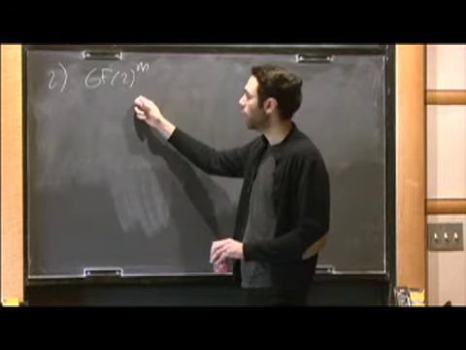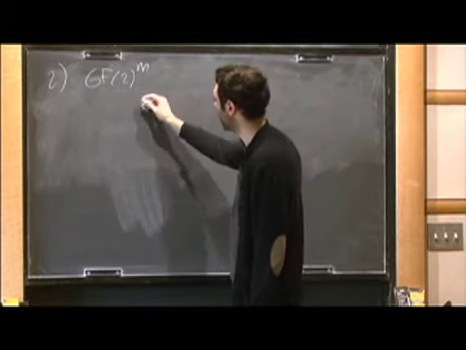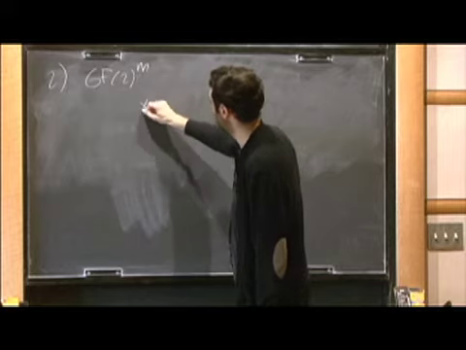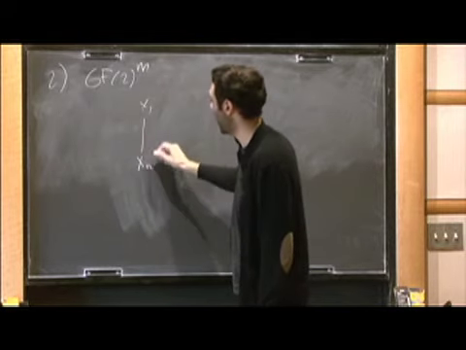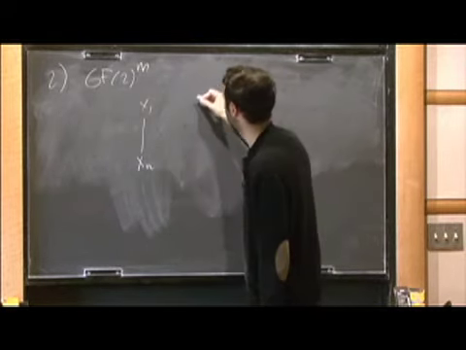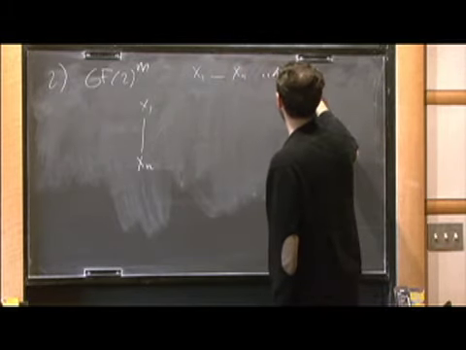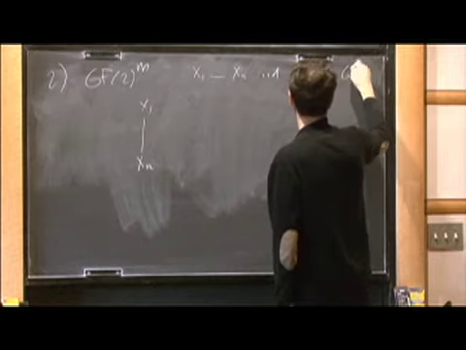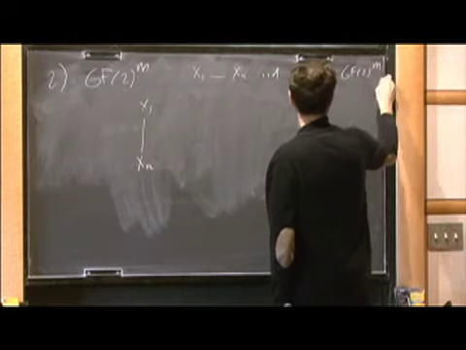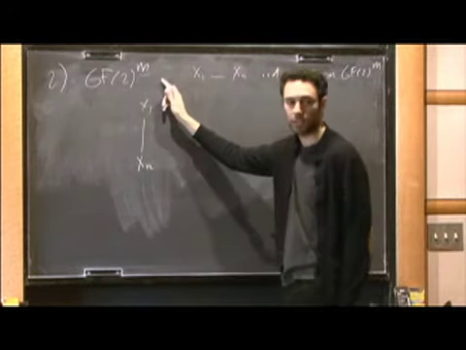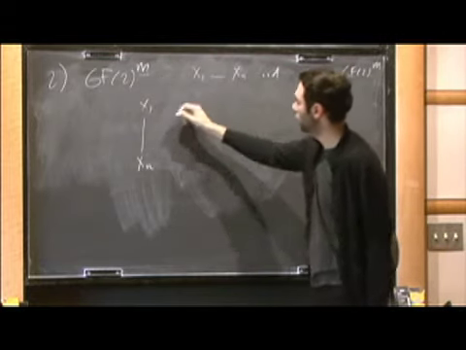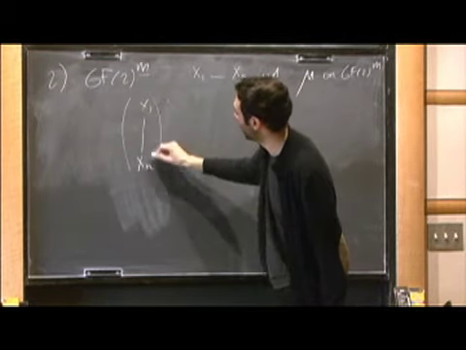So for GF2 to the m, here is the setting. It's exactly like before. Define x1 through xn to be IID random variables, but now they are IID from a distribution mu, which is on GF2 to the m. So you fix m. This is fixed, doesn't grow. Basically, this is not a random vector, but a random matrix.